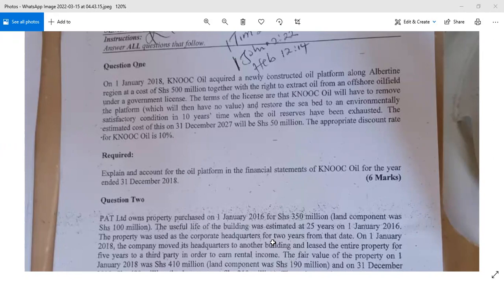This is the formula. So we have our figure as 50 million, let me ignore the zeros, times 1 plus the rate. The rate was 10%, hence 0.1, raised to the power negative 10. So that's your present value.